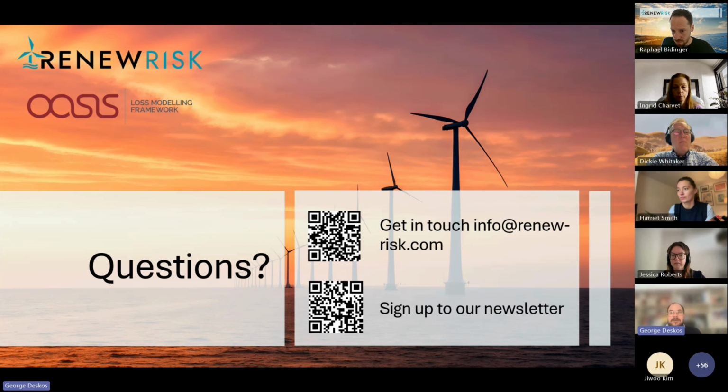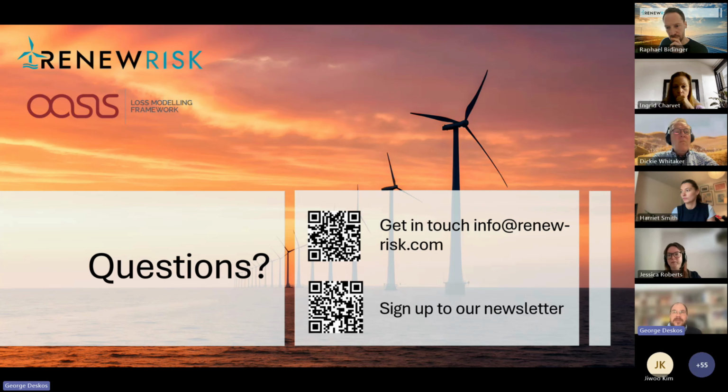Some wind farms will be decommissioned, new builds will be commissioned, and that means the exposure part will need to be updated. I think the vulnerability will also need to be updated. As you know, a 3 megawatt turbine behaves very differently compared to a 20 megawatt wind turbine. There are different generations of turbines in the water, so we need to update that, and that can happen every year or every 2 years when it comes to vulnerability.